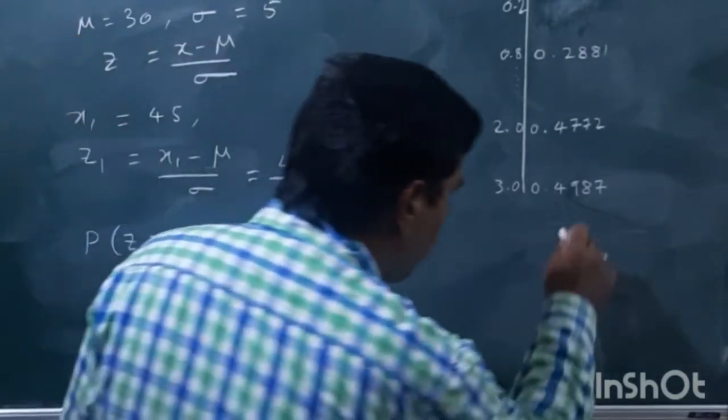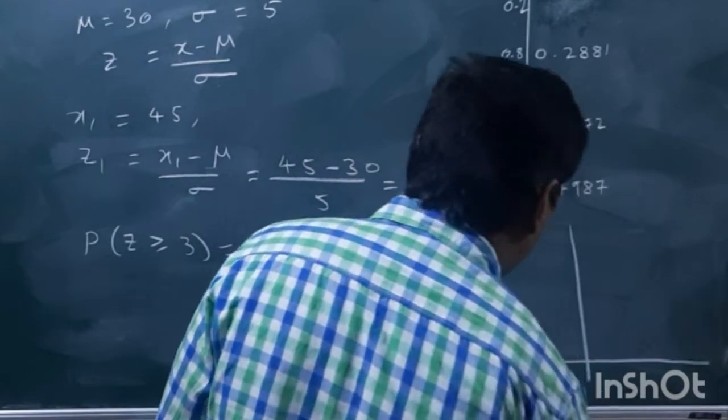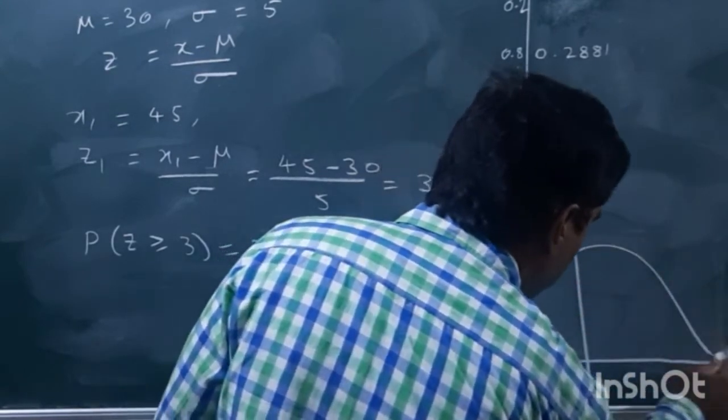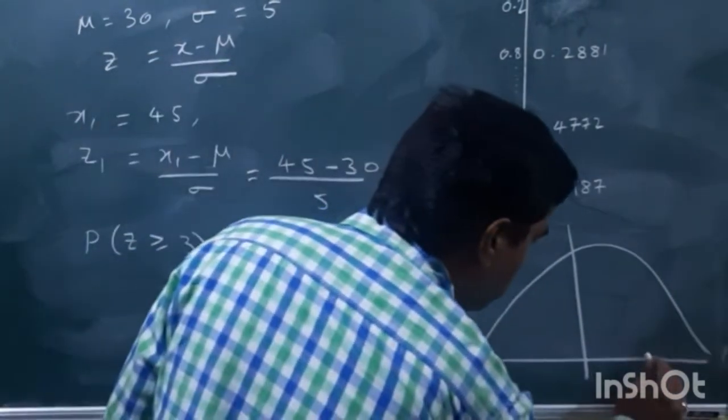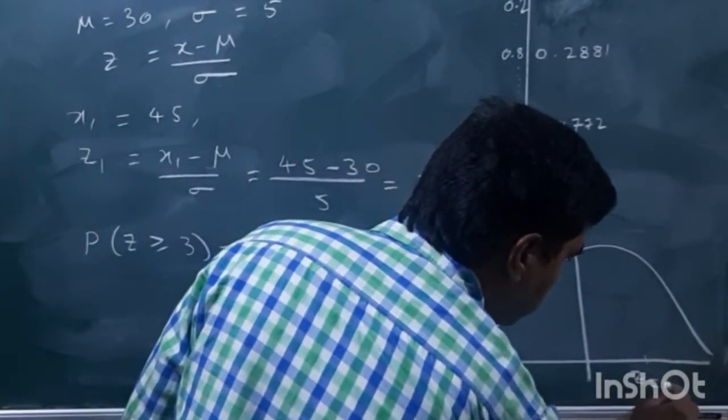In the graph, let us identify z is equal to 3. For example, this is z is equal to 3.